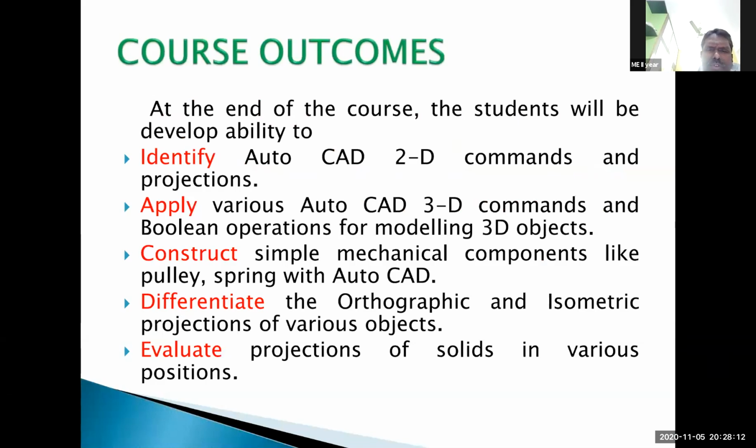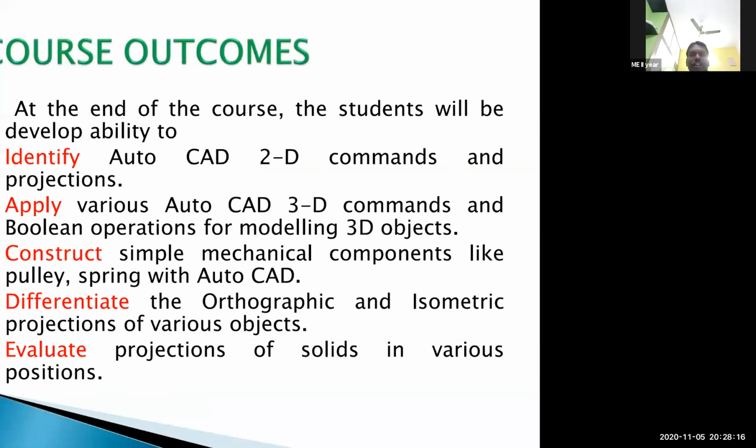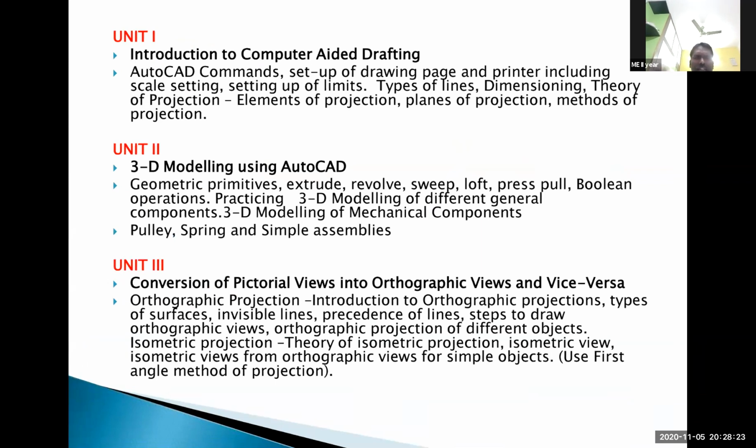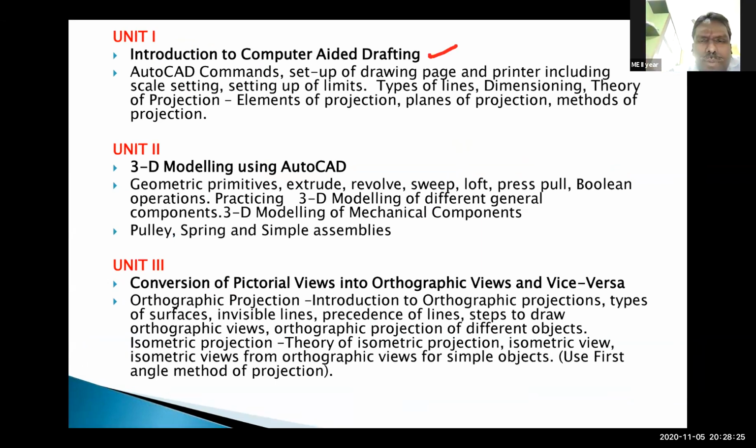Before going to the course outcomes, let us go through the topics. As a part of Unit 1, we have to study Introduction to Computer Aided Drawing. Before that, we have to go for the fundamentals of drawing: types of lines, dimensioning, theory of projection, elements of projection, plane of projection, and methods of projection.